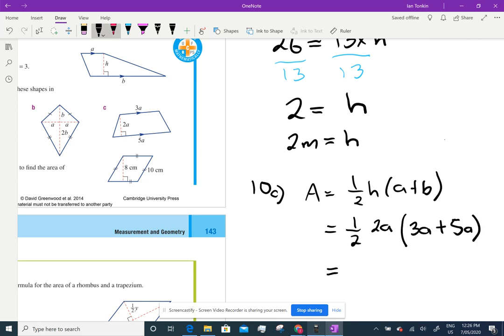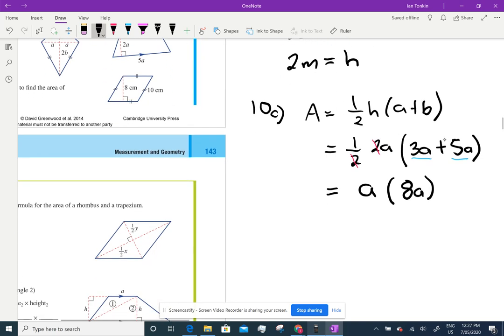Well, if I remember my algebra, these twos will cancel. So I get a outside of, and 3a and 5a are like terms, so they add together to give 8a. Now, a times 8a is 8a squared. I'm just going to check, make sure I got the right answer. There we go. The area is 8a squared.